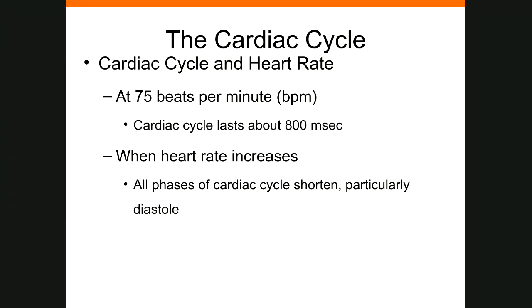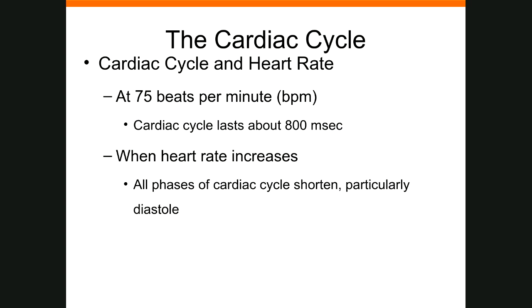The cardiac cycle, of course, the heartbeat, depends on several factors. I mean, they depend on the age, on the gender, on whether you are sportive or not, on the body temperature.